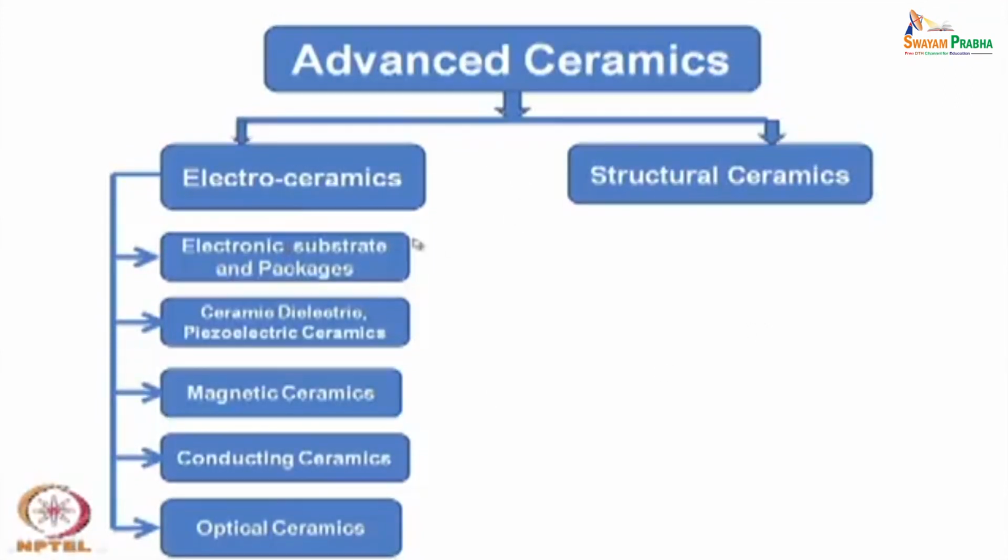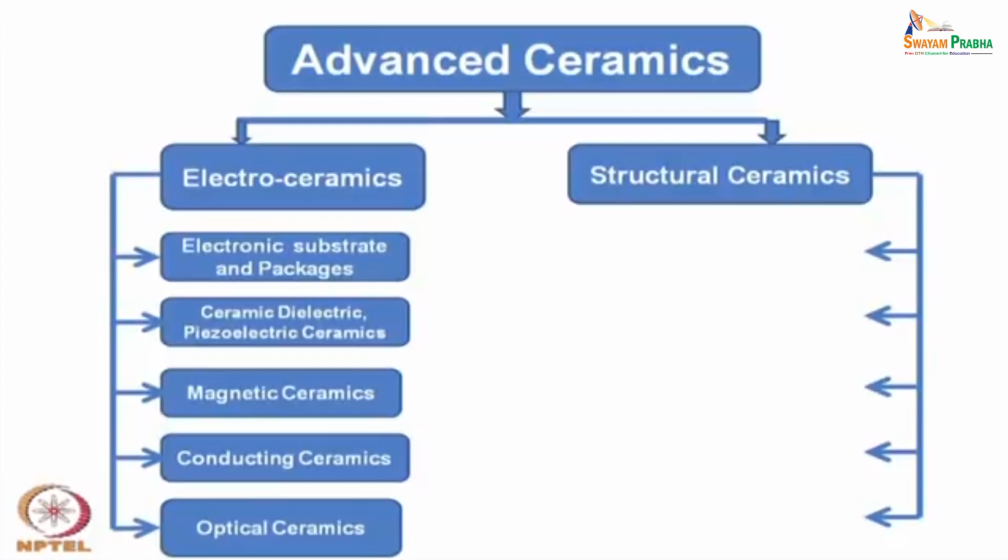Besides electroceramics, you have another very important group where you actually use the mechanical property or mechanical behavior of these ceramics, and that is why they are called structural ceramics. So, it is the mechanical property which becomes important here, and they also can be classified under different groups like automotive ceramics.